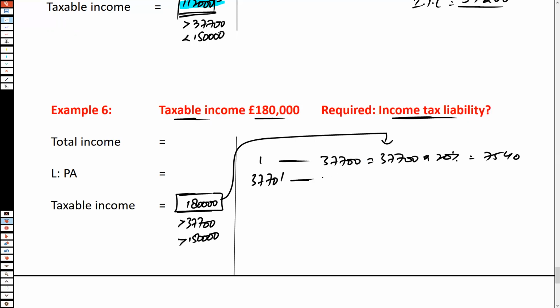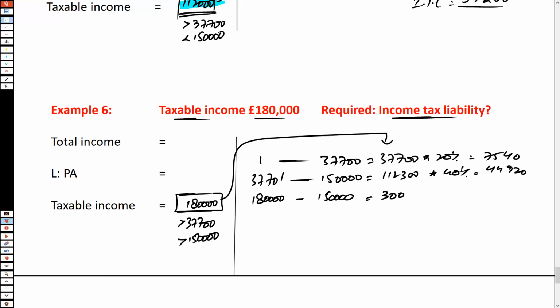How much amount is falling in the second band limit? The difference of these two is 112,300 into 40%. 44,920 is calculated. In the third and final step, take the actual taxable income and deduct the 150,000 range.